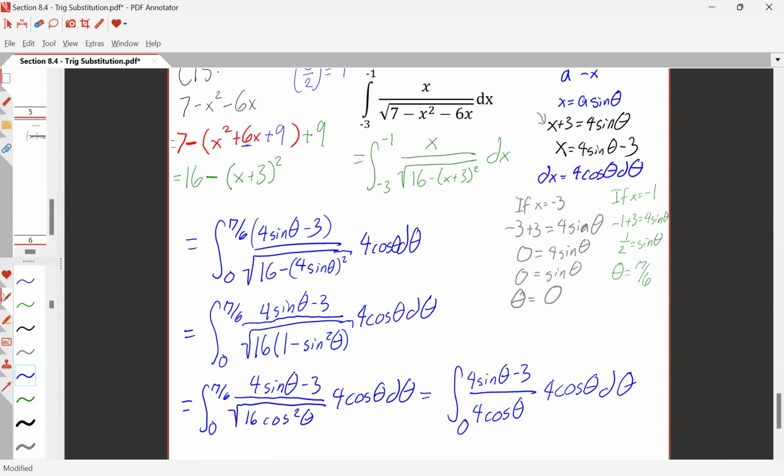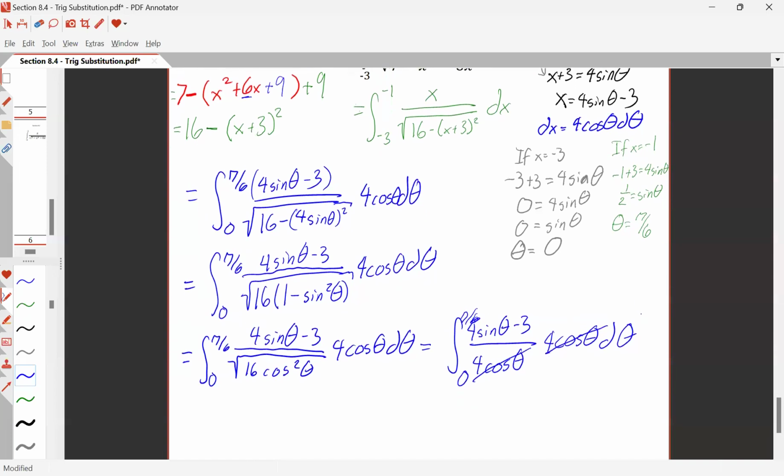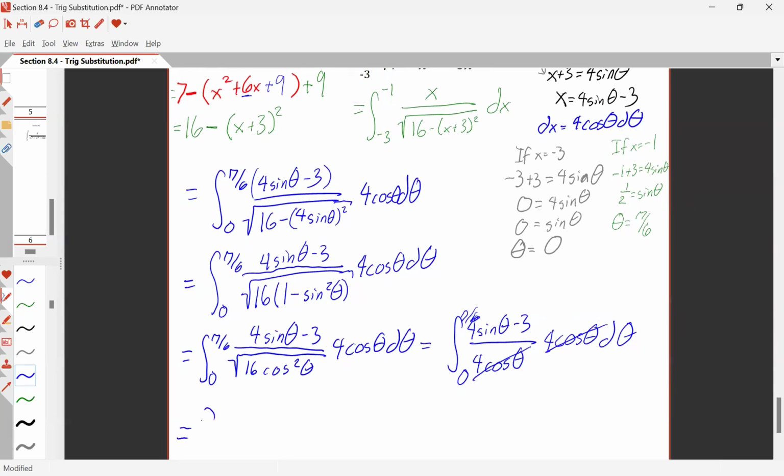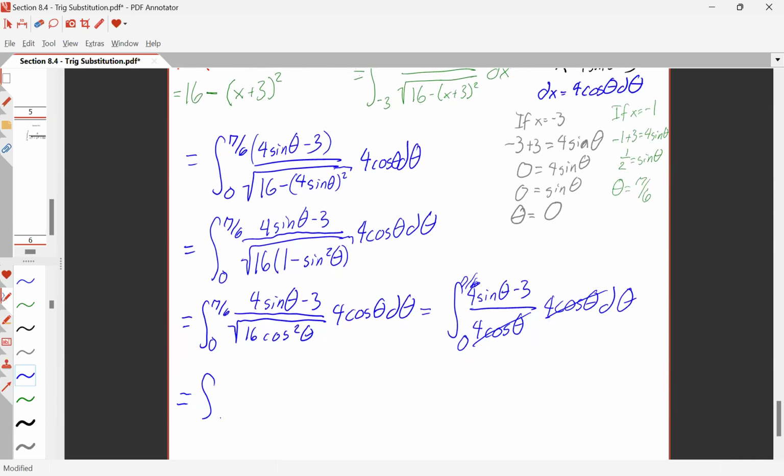The 4 cosine thetas, one is in a numerator, one's in a denominator, they cancel, giving us the very nice integral from 0 to pi over 6 of 4 sine theta minus 3.